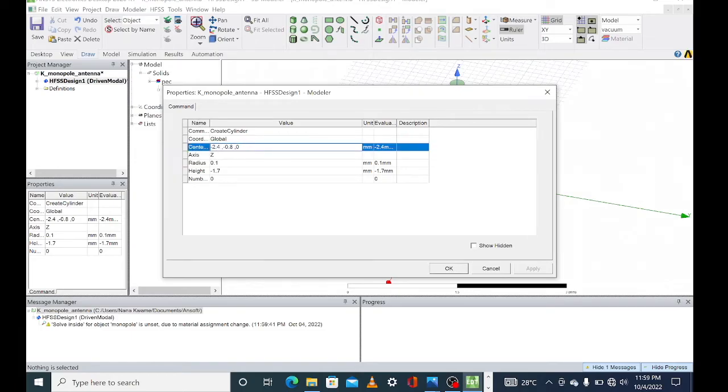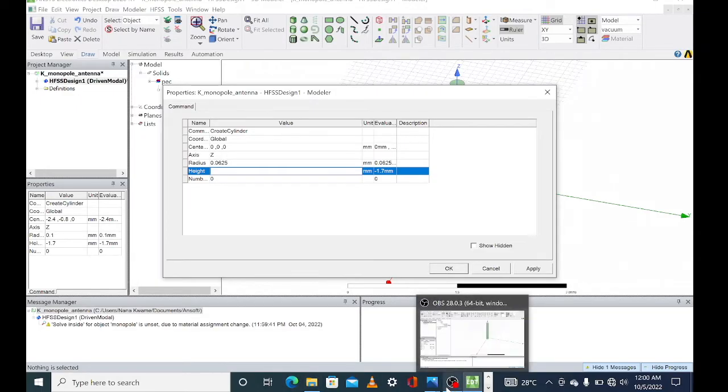As usual, I will let it lie on the origin. For the radius, I will choose a gap of 0.125 millimeters, meaning my radius should be half of that, which is 0.0625, and my height should be one quarter times lambda.